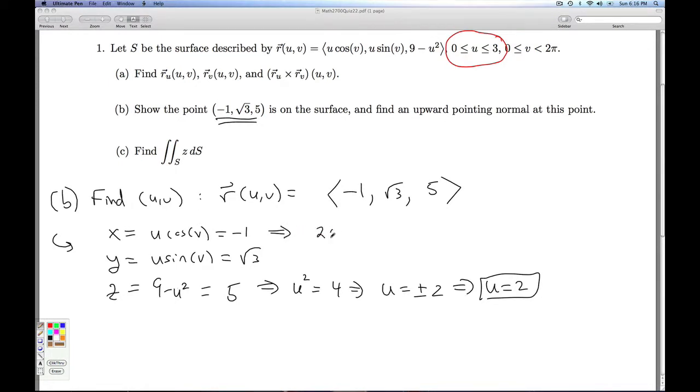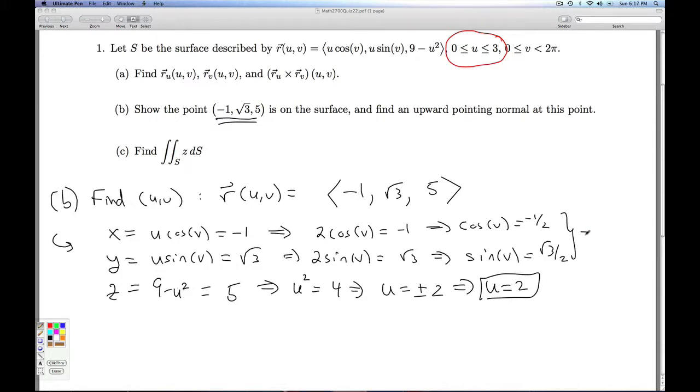I'm going to get 2 cosine v is minus 1, which means cosine of v is minus 1/2. And here I'm going to get 2 sine v is radical 3, which means sine v is square root 3 over 2. Now these two things together give me that v is 2 pi over 3.